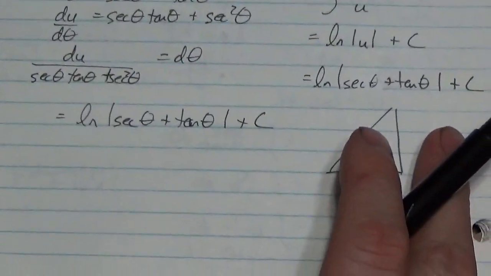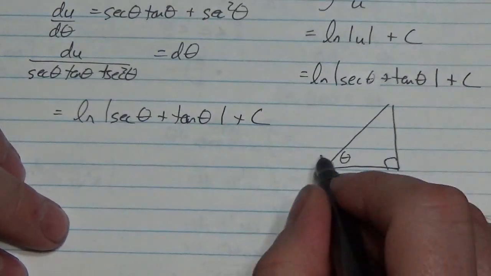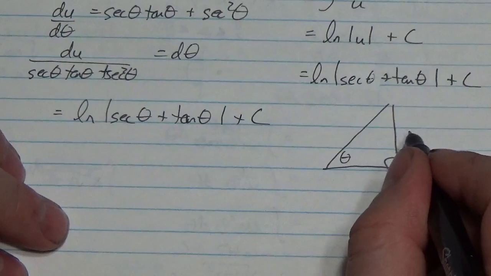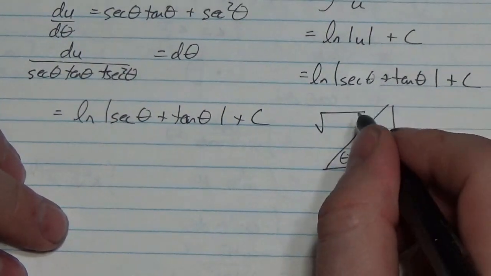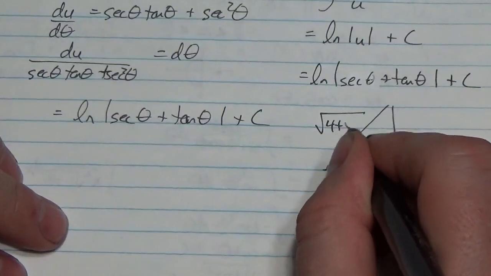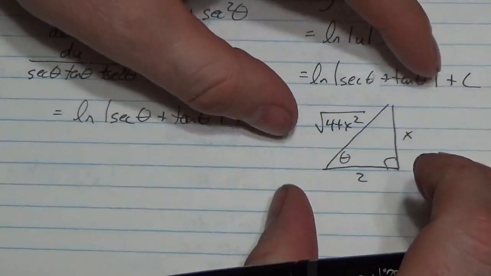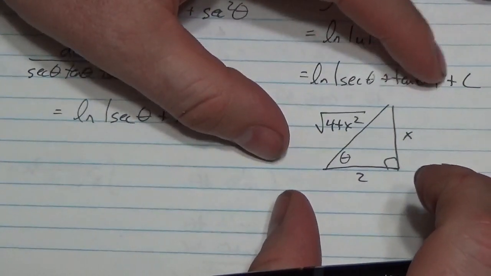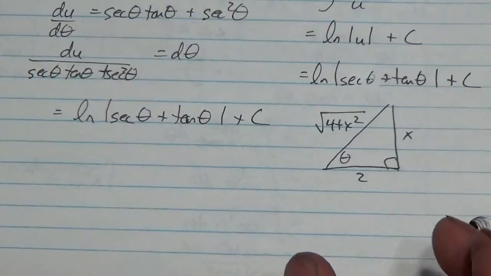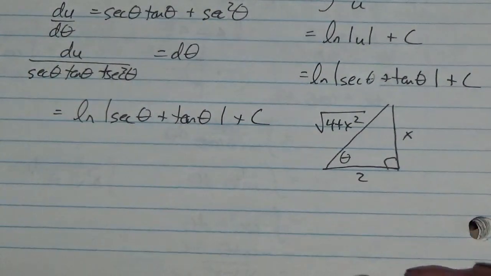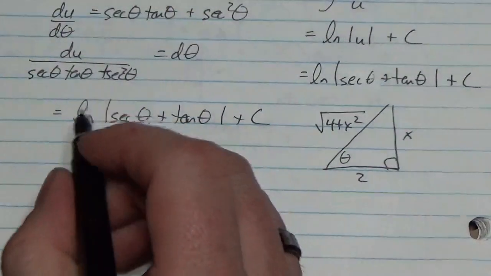So tangent of theta is equal to x over 2, which means if I draw that triangle, tangent of theta equals x over 2. That makes the hypotenuse the square root of 4 plus x squared. This is the triangle that gave me the trig substitution piece that I used here, and it also gives me the way of interpreting this.